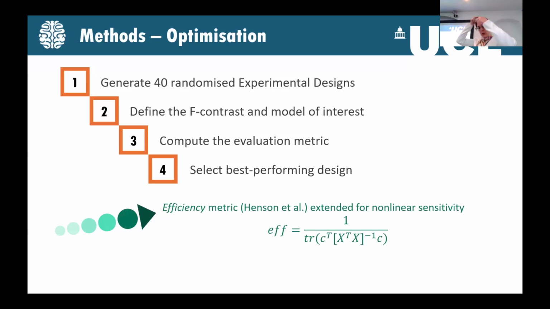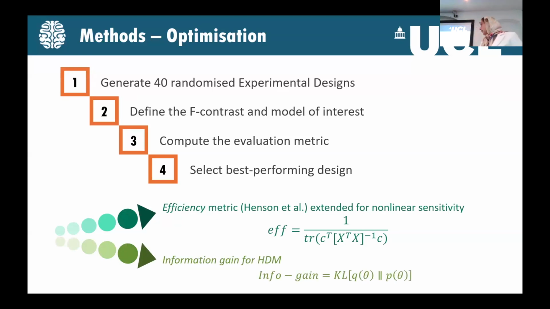Here in this work, we revisited and extended this concept to measure sensitivity to non-linearities and to make it suitable for the Volterra model as well. And for the hemodynamic model, we use information gain, which quantifies how much new insight the model gains from the data.